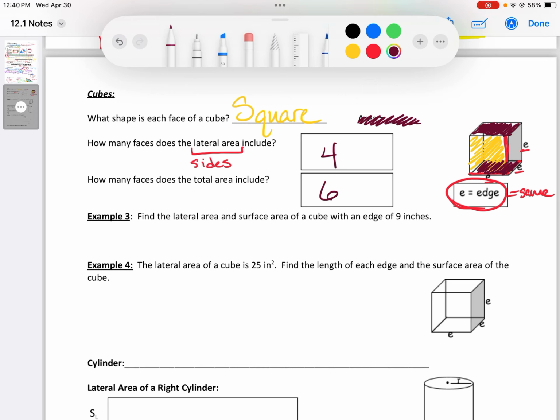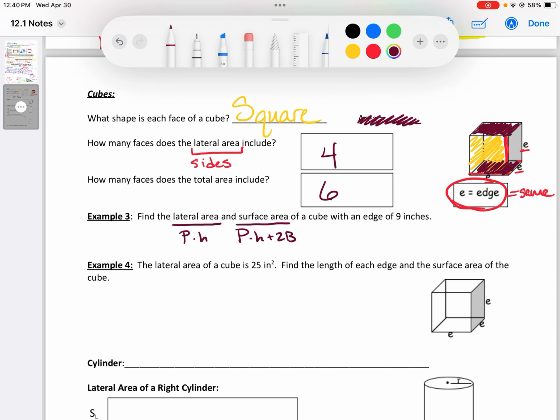All right, so using this knowledge that we just found, example 3 says find the lateral area. That's going to be P times H. And the surface area is going to be P times H plus 2B of a cube with an edge of 9 inches.